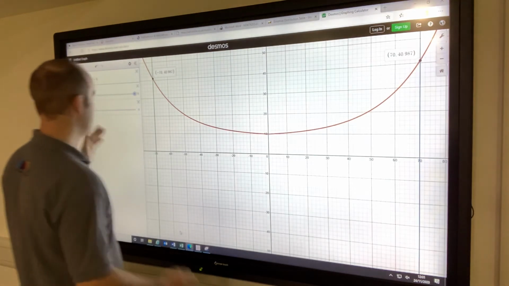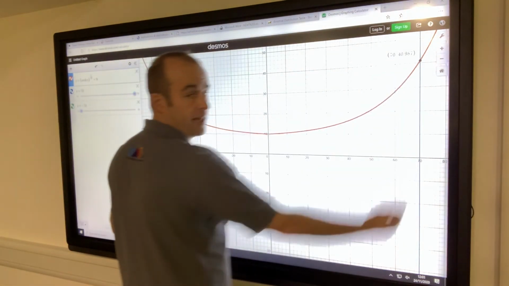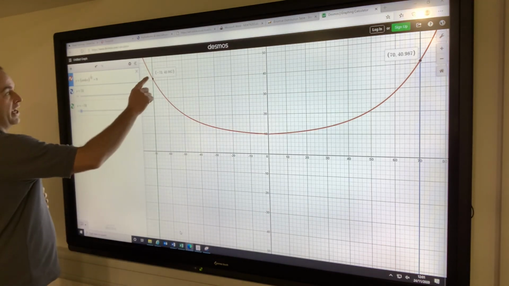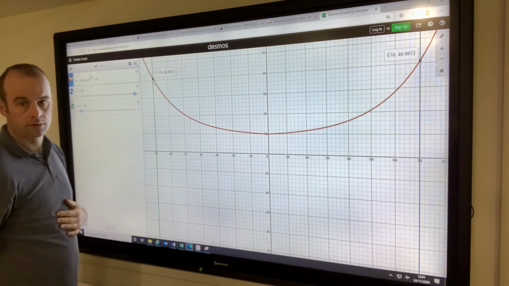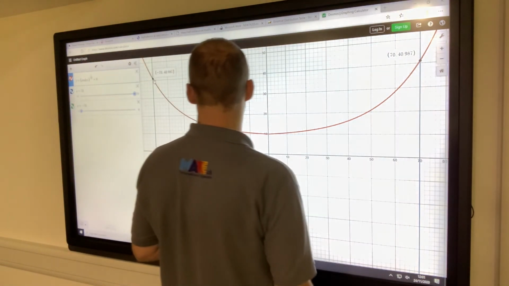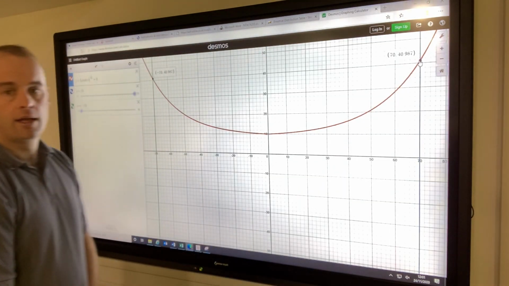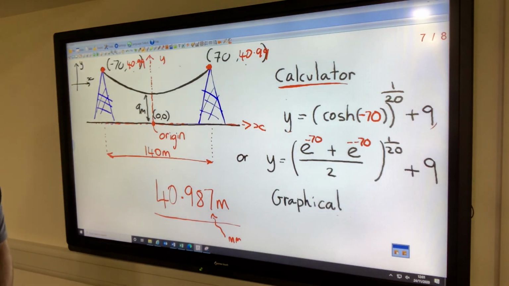So those lines are x equals minus 70 here, and x equals plus 70 there. So you can see that when I click on here, I'm getting that same value. Okay, that's given 3 decimal places, 40.987 in there, yeah? This sort of demonstrates that what I did there was correct. Okay, so that's it.